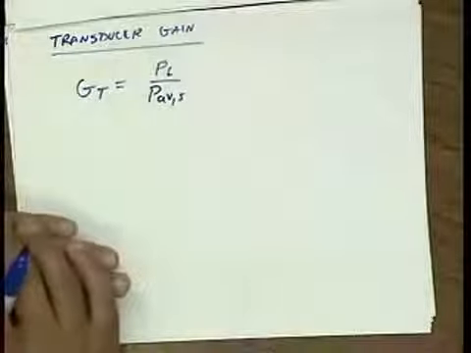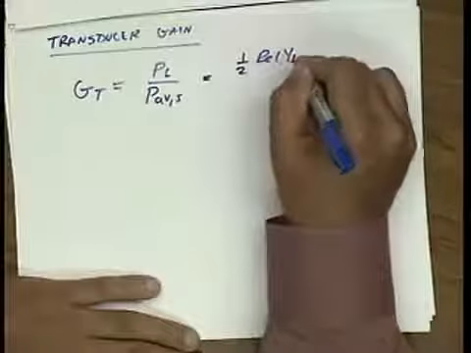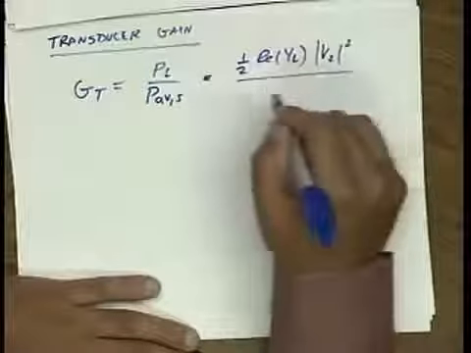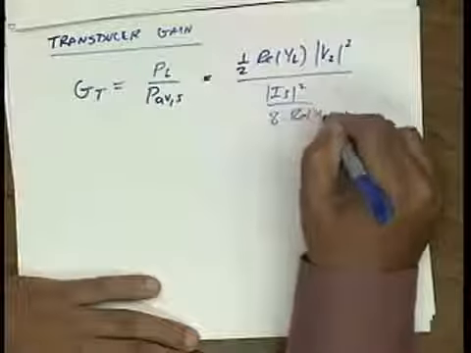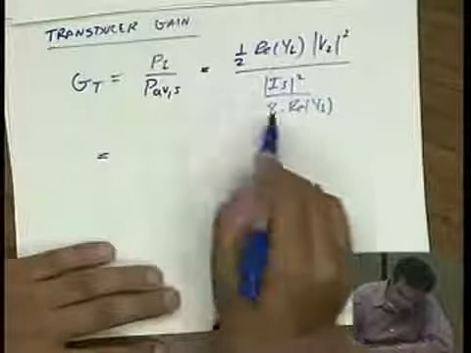Lots of definitions, but we're going to make good use of it, hopefully by the end of this lecture, if not next lecture. So now the power delivered to the load is simply 1/2 the real part of the load admittance times V2 squared. Power available from the source is IS squared divided by 8 times the real part of YS. And so I can rewrite this.